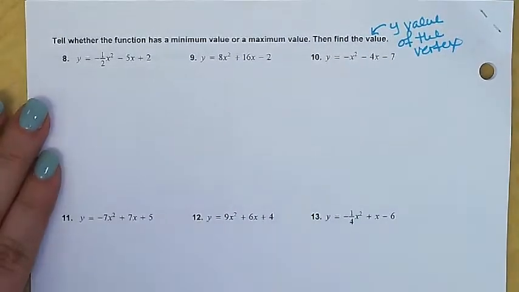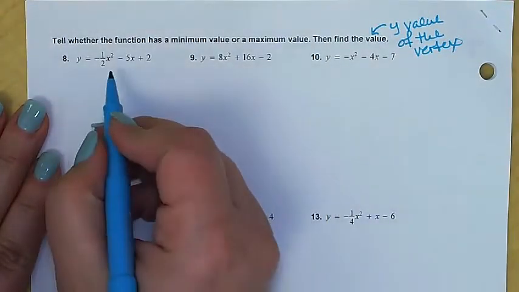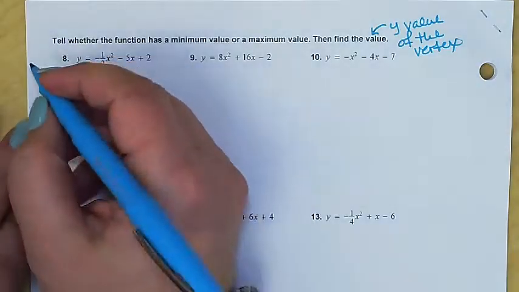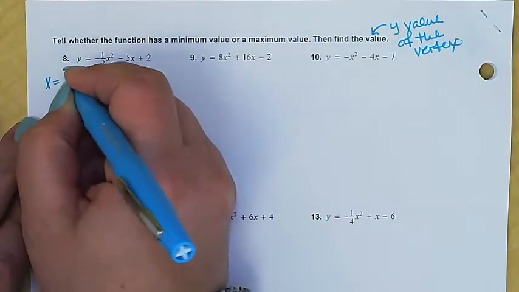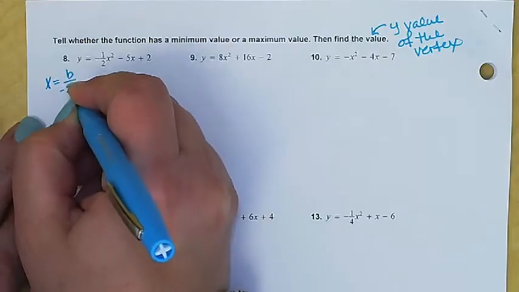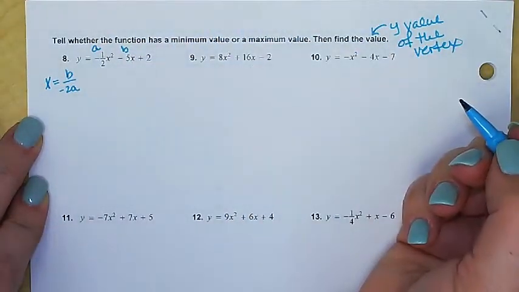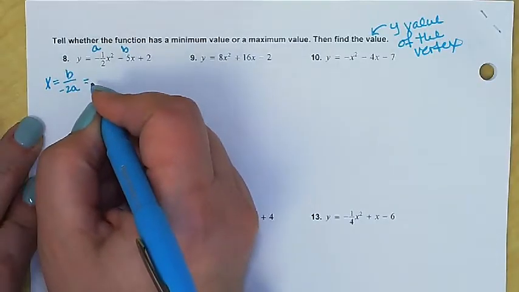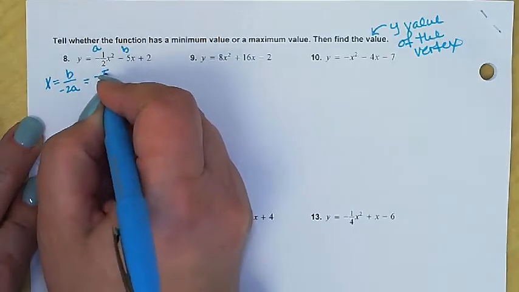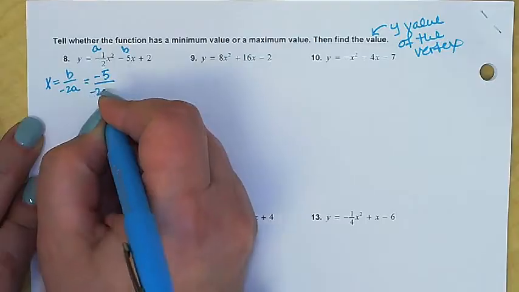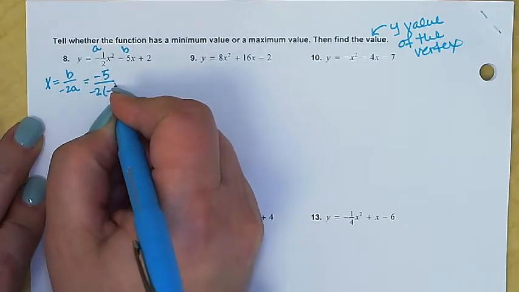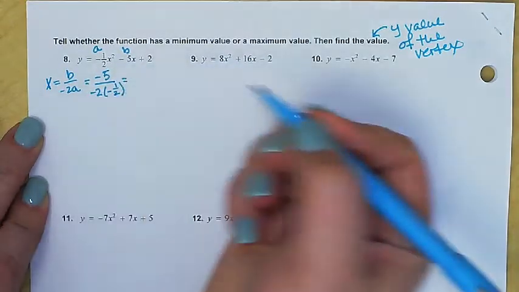So let's take a look at number 8. Once again, since I first need an x value, I'm going to use my b over -2a here. And just remember, this is our a, this is our b right there. So that means that b is -5 over -2 times our a, which is that -1/2.